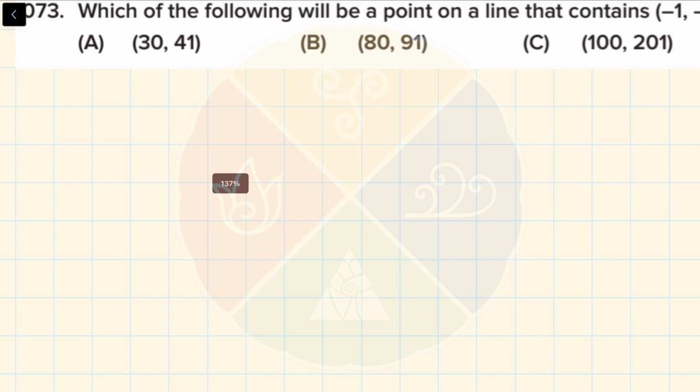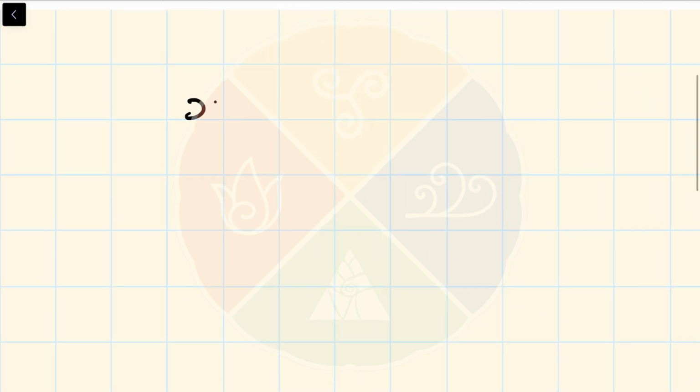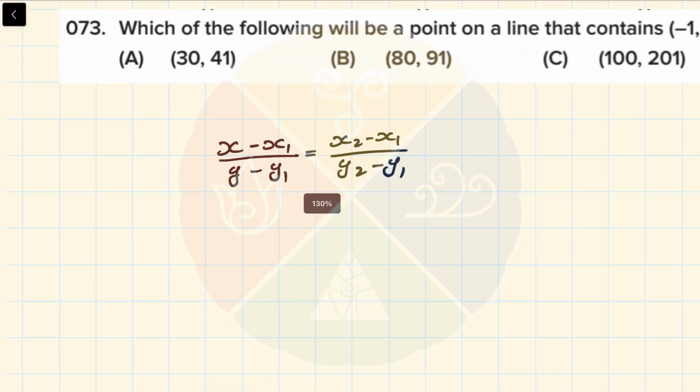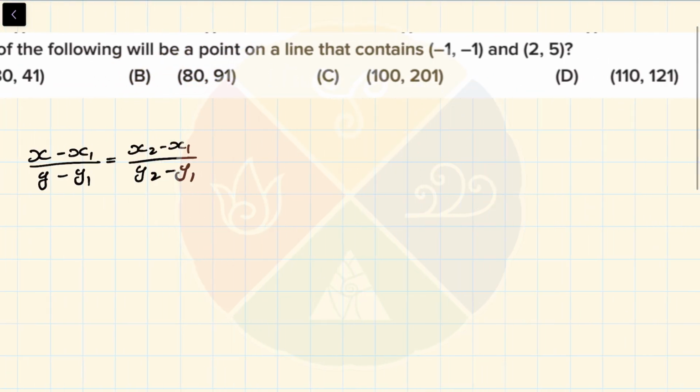The formula of line is x minus x1 by y minus y1 is equal to x2 minus x1 by y2 minus y1. You can also reverse it, like the y terms can come up and x terms can come down. It doesn't matter. Now you simply put the values which we know.